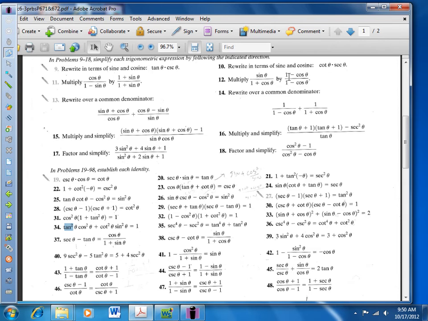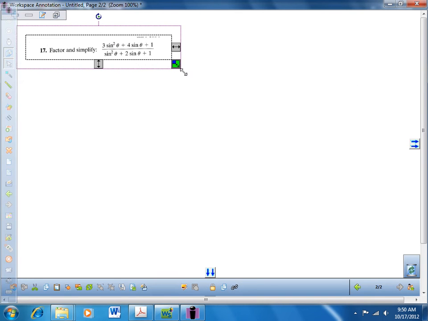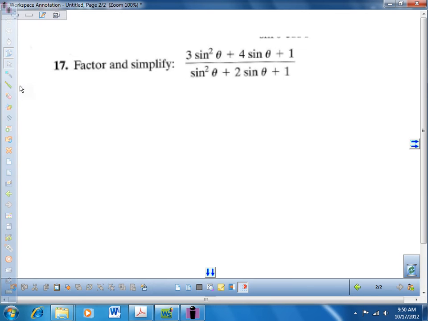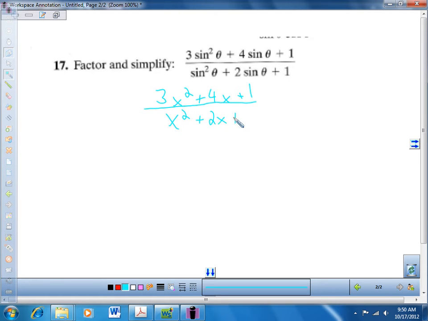Oh yeah, this is another kind that we haven't really talked about, so this would be a good one to review. Factor and simplify. If you see something like this, again, it's just algebra. This is the same as having 3x squared plus 4x plus 1 over x squared plus 2x plus 1.